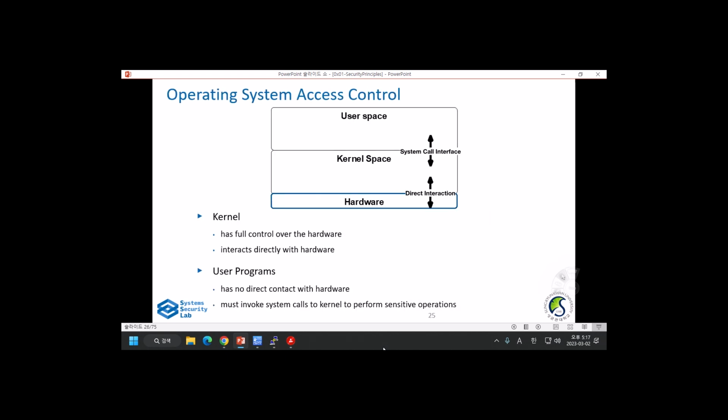You are all 3rd or 4th year students and probably learned about the OS kernel in the operating systems course. You probably remember the system call interface, right? System call. And you probably learned that any sensitive operation done directly to the hardware is under the kernel's control.